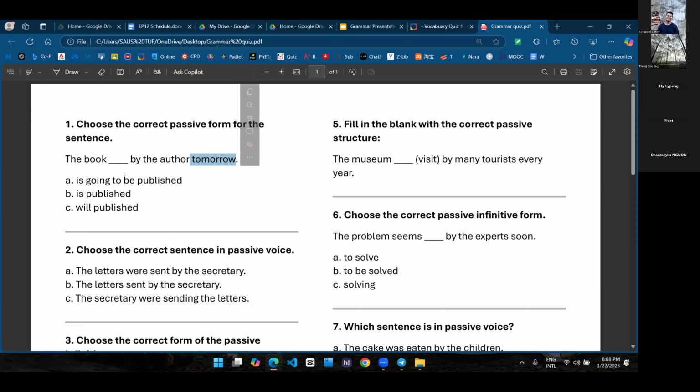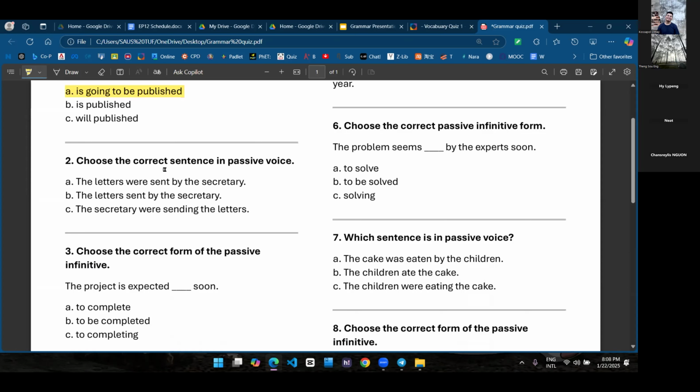So future is only A and C. But we need to use passive. So passive requires you to use be and past participle. This sentence has be and past participle. This sentence does not have the verb be. So that means the answer is A.